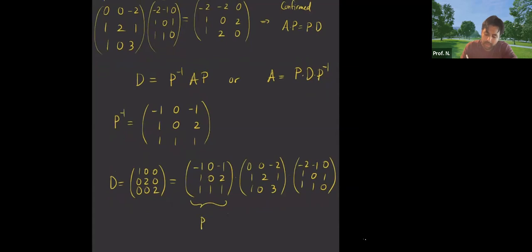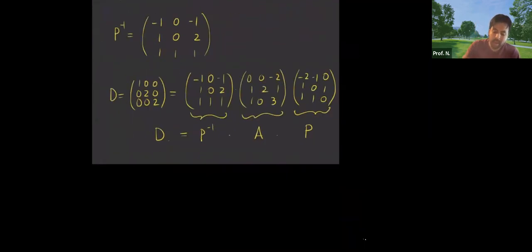Again, this is P inverse, this is A, and this is P. So this just shows you that I'm able to multiply A in such a way to get a diagonal matrix. Not every matrix is possible with this.